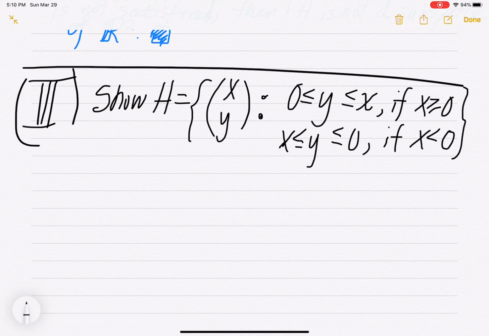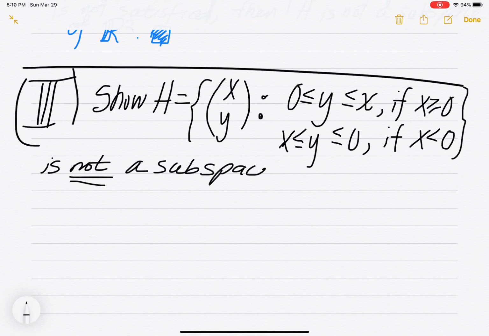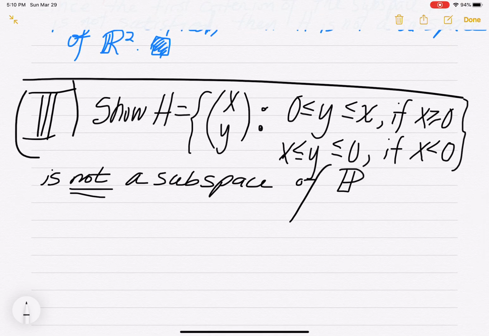So show that this set H is not a subspace of R2. I'm sorry, not a subspace.